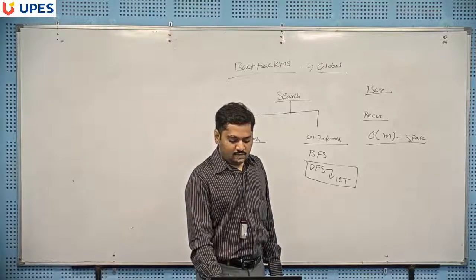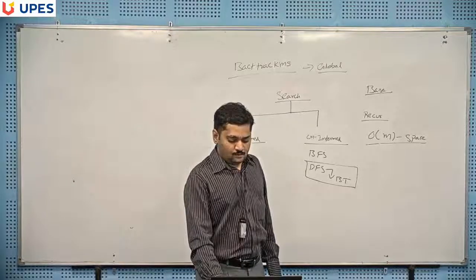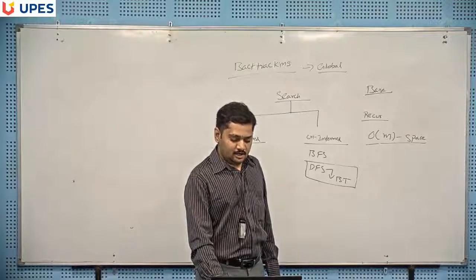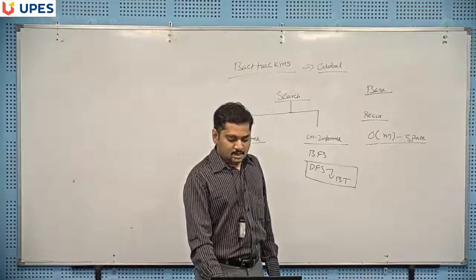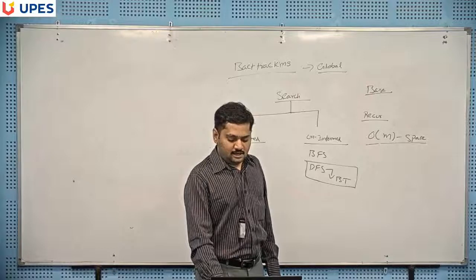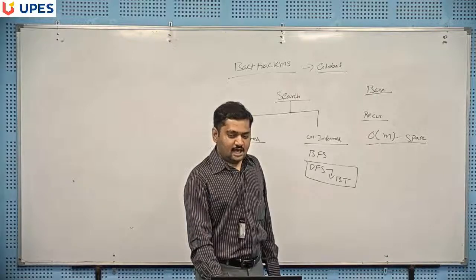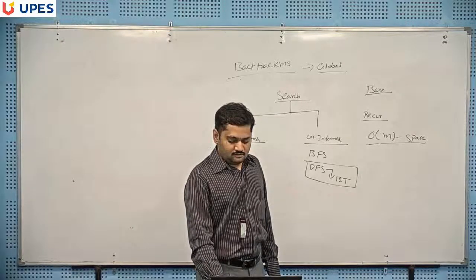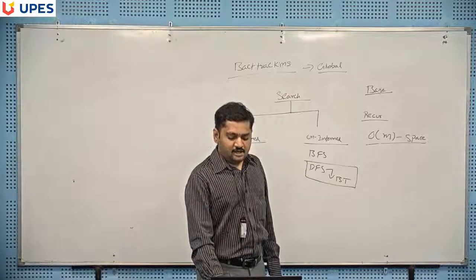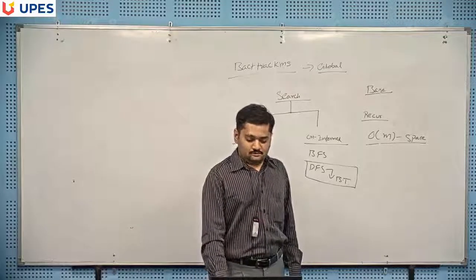That's why I went back to the root node. Then I took a completely new path and proceeded further. There also I did not get the solution. Then I went back and explored the tree in this way. Finally, I get the solution.